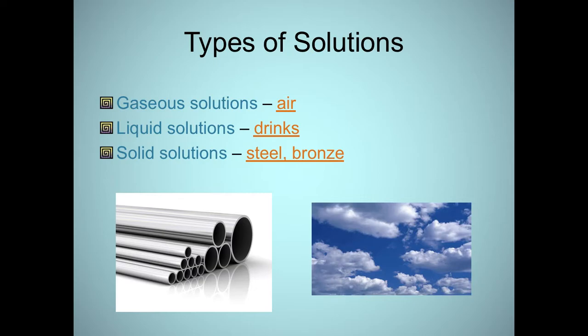A liquid solution is probably the one you're most familiar with, and those are your drinks like the soda on the previous slide, or an example like lemonade or Kool-Aid. But you can also have a solid solution. Two metals can be mixed together into a solution. An example of that would be steel and bronze.